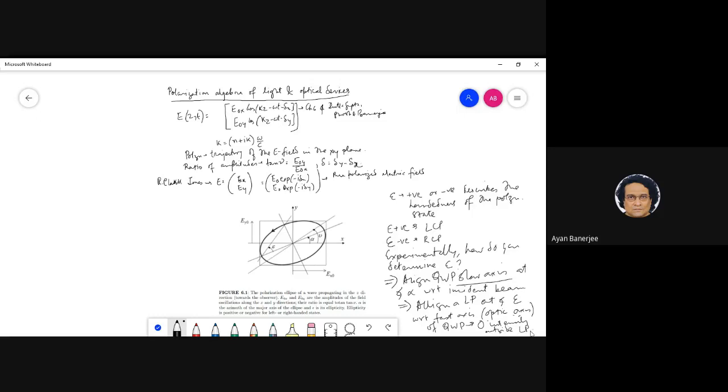So basically you search for zero intensity. You just search for zero intensity. So you basically have to keep rotating both the quarter wave plate at alpha and your linear polarizer, until at the end of the linear polarizer you get zero.